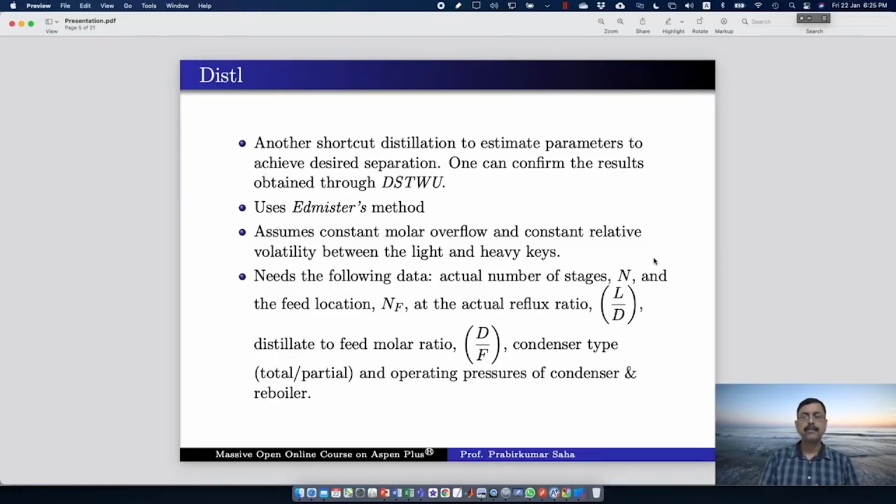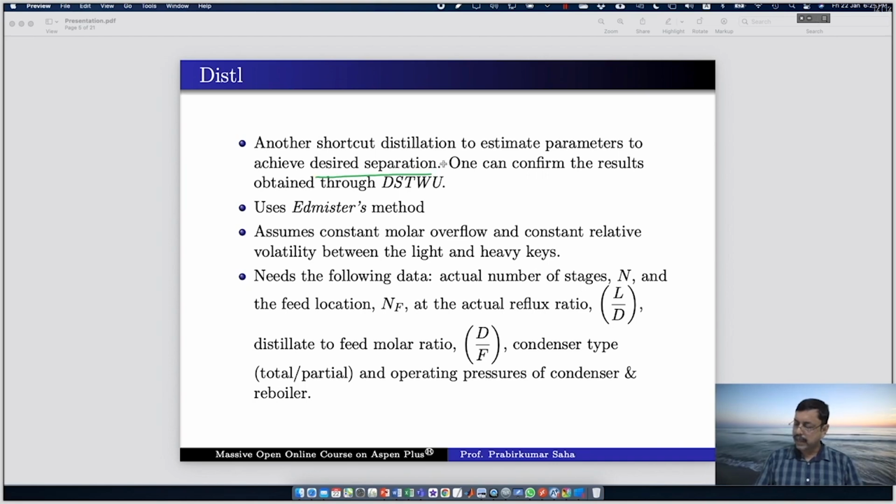The next one is DISTL, distill. It is another shortcut distillation to estimate the parameters to achieve the desired separation, and one can confirm the results obtained through DSTWU. It uses the Edmister method and it also assumes constant molar overflow and constant relative volatility between the light and heavy keys. To operate, it needs the following data.